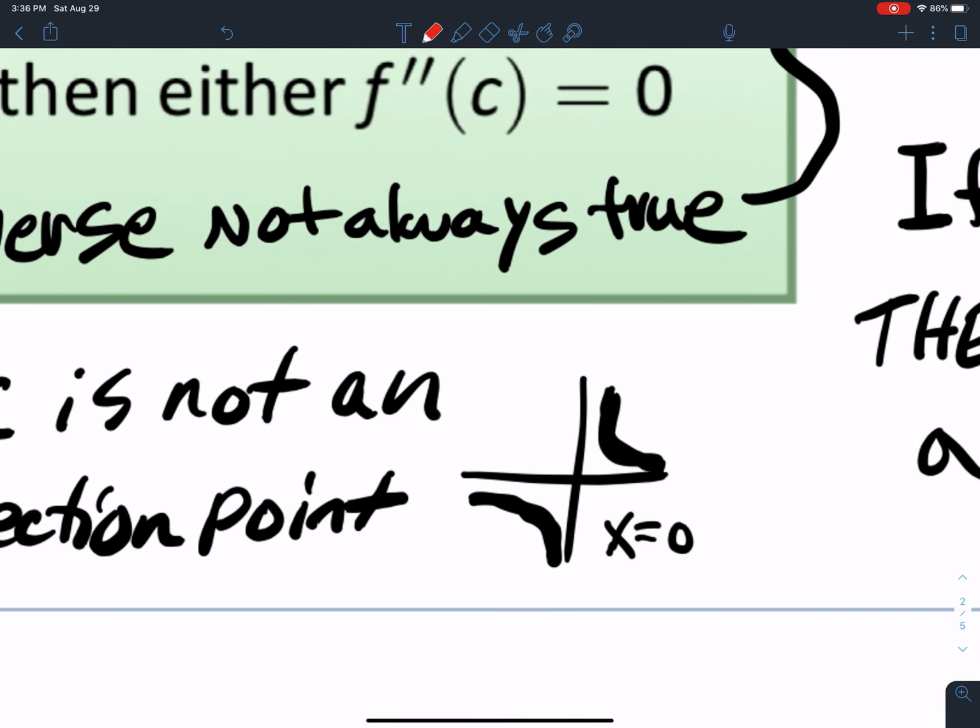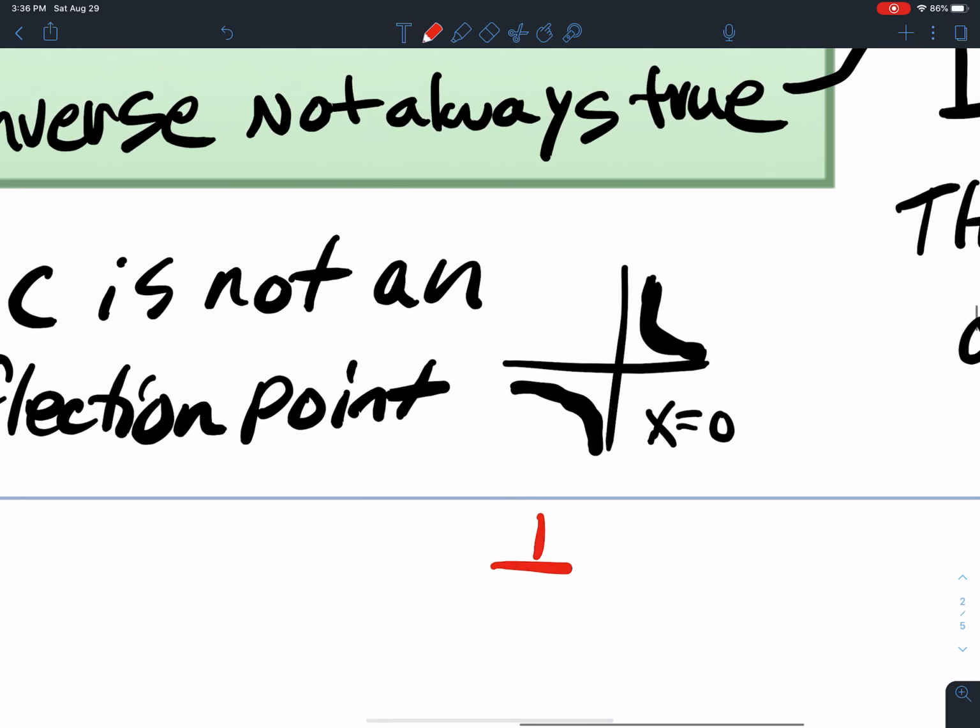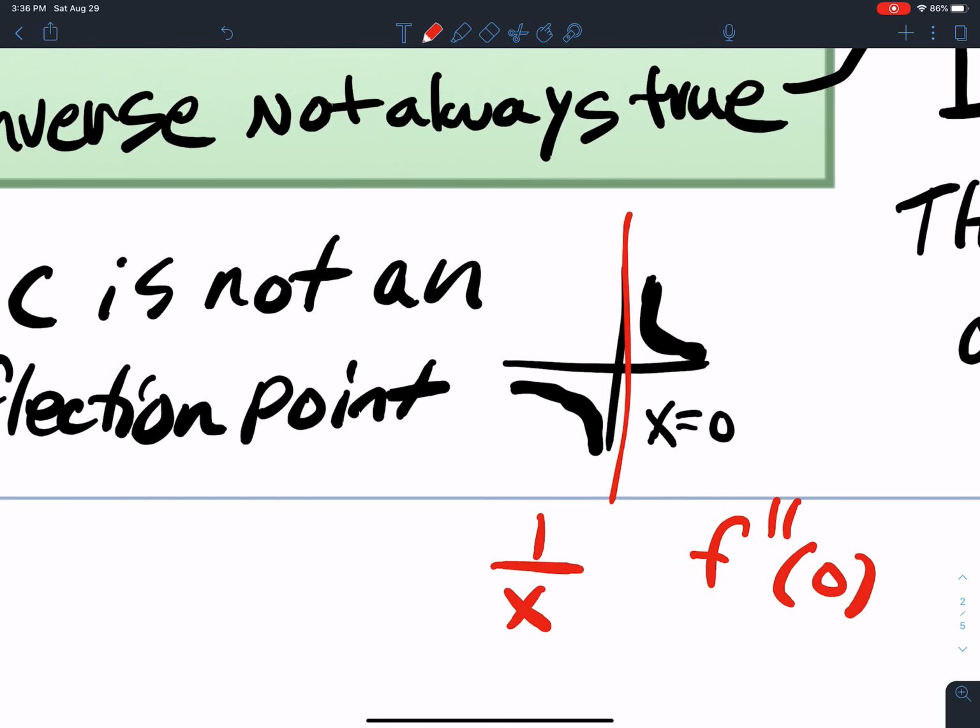So an example here would be a function like 1 over x. The second derivative evaluated at 0 here is undefined, but that doesn't mean that we have an inflection point at that point right there, right? So there's no point at x equals 0.